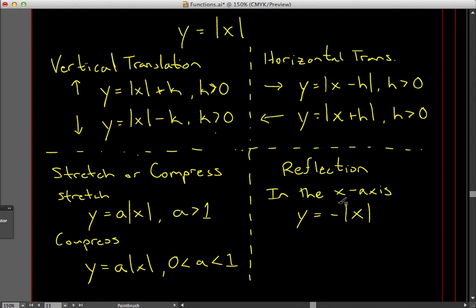So that would be multiplying the absolute value of x by a value of -1. That would reflect in the x-axis. And in the y-axis, we're going to take the parent function and place the -1 inside the absolute value signs. So it would be y equals the absolute value of -x. This would be reflection in the y-axis.